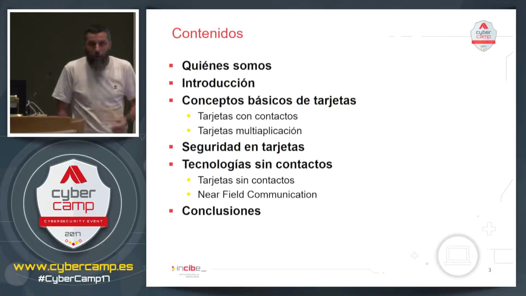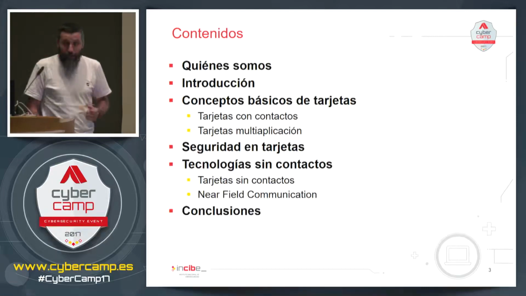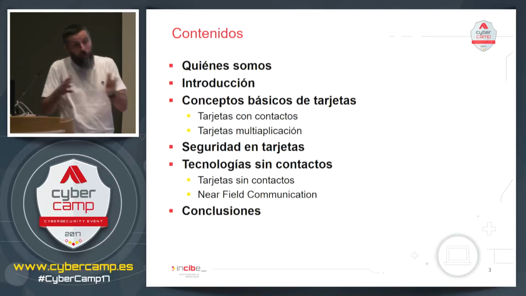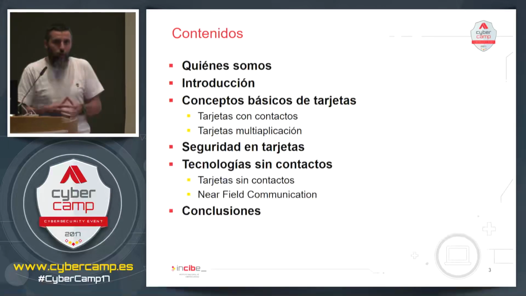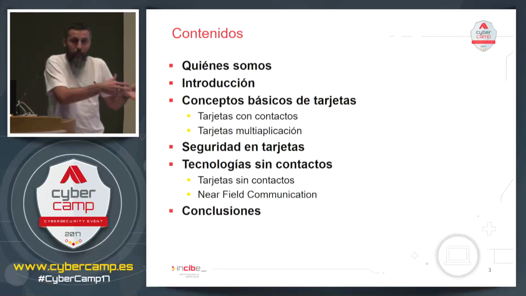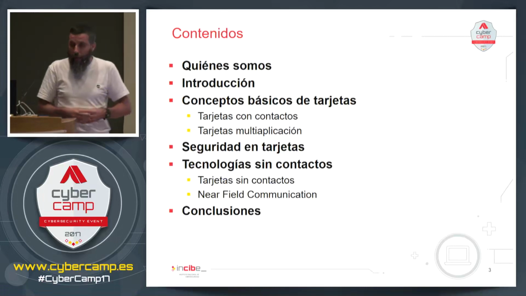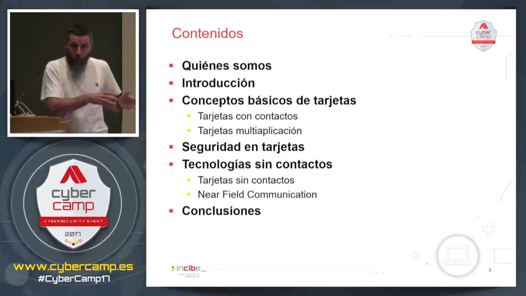What we have in our trousers is a small computer. What type of cards? How they work in various modalities, with contacts or contactless. We'll see the security in cards. Why are those intelligent or smart cards so robust? What are the implications? And last but not least, we'll talk about mobile technology.